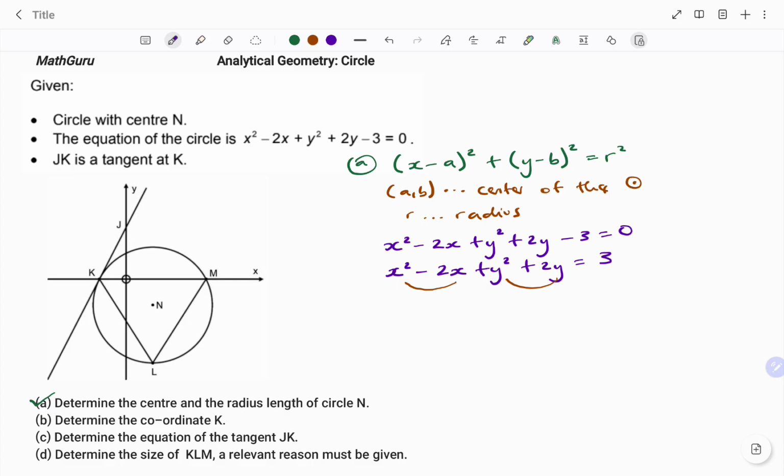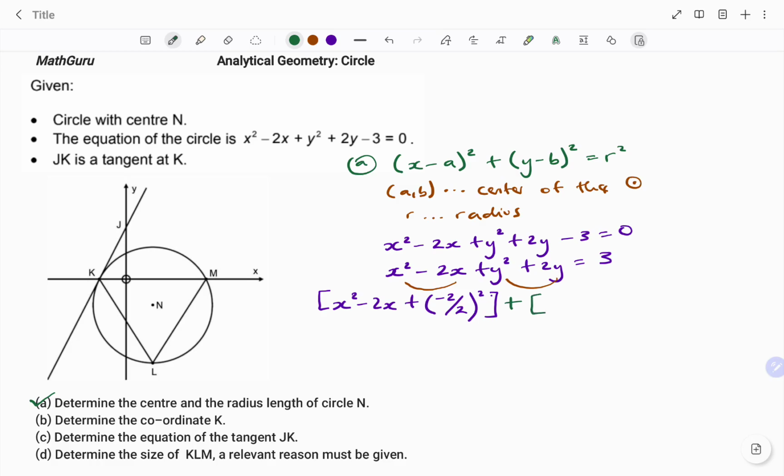The first step will be, I have a square bracket, x squared minus 2x. Then I'm adding the square of half the coefficient. So the coefficient of x is negative 2, divided by 2 all squared. I'm going to close that bracket. And then I'm going to do the same on my right hand side for y squared plus 2y.